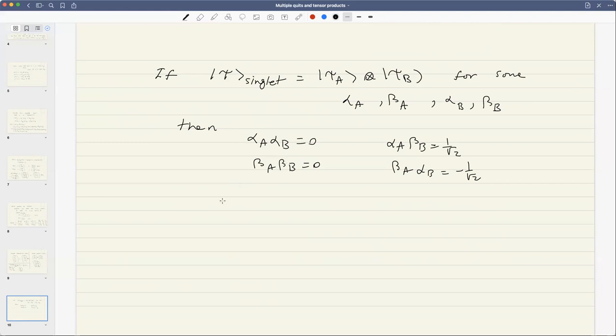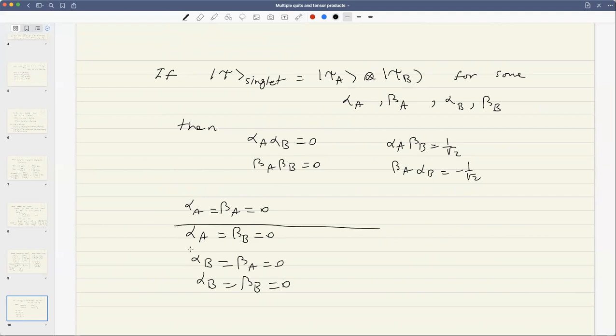And those four possibilities are, well, let's say alpha A is equal to beta A is equal to 0, or alpha A is equal to beta B is equal to 0, or alpha B is equal to beta A is equal to 0, or alpha B is equal to beta B is equal to 0. And now for each of these possibilities, let's take a look at what these guys can be.